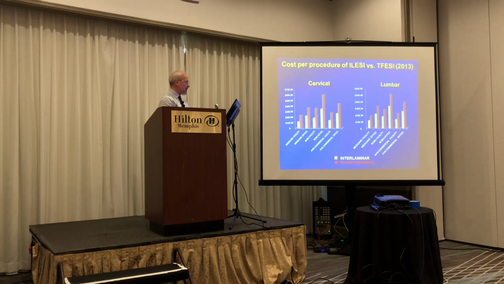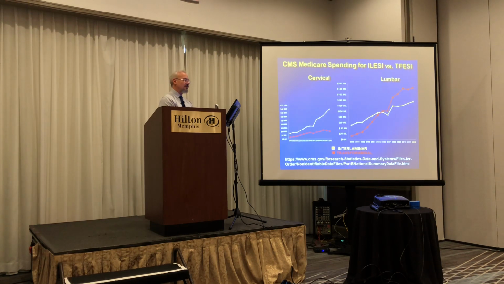And that's true whether we're talking Medicare, and we're talking facility fees or physician reimbursement, or we're talking Blue Cross or commercial insurance, Aetna, United Healthcare, all the other insurers. They all pay about 150% of what interlaminar injections are. So the Medicare spending, the Center for Medicare and Medicaid Services spending for interlaminar versus transforaminal injections, the greatest rate of rise in the expenditures nationwide are for lumbar transforaminal epidural steroid injections.